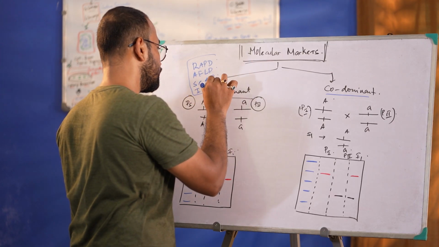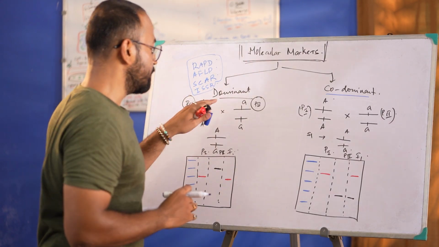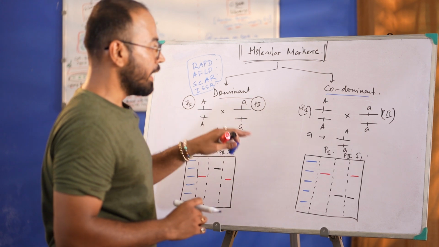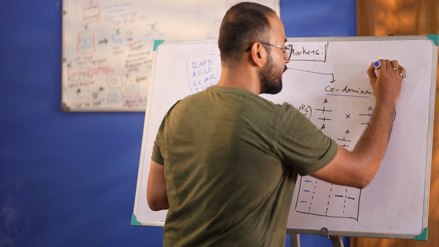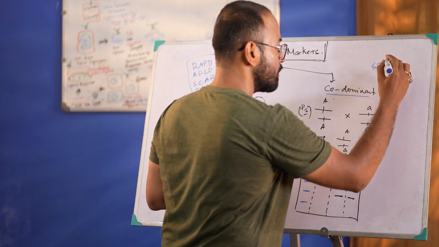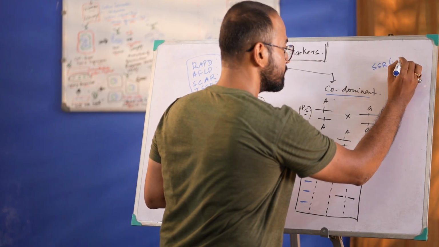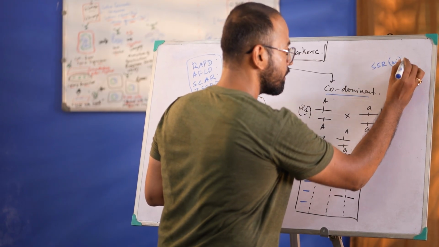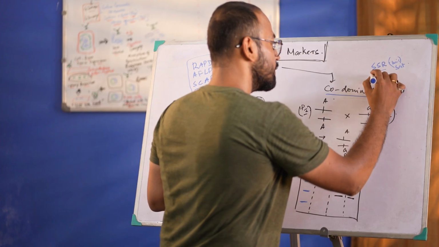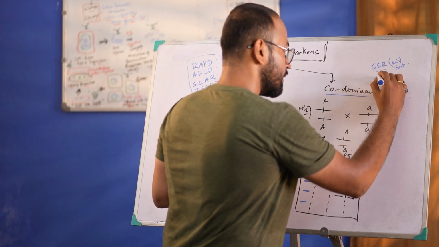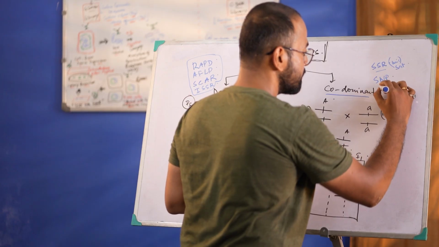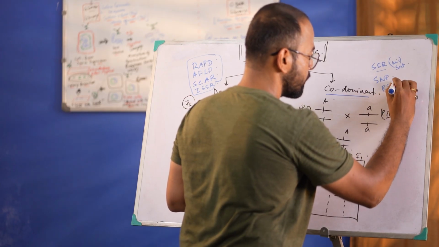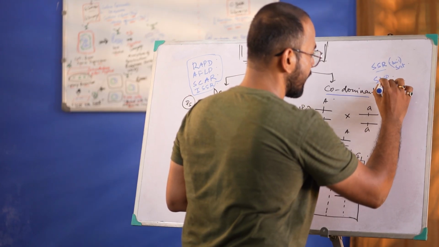These are the four molecular markers that belong to the dominant type. And when it comes to the codominant type, we are getting molecular markers like SSR, which is a kind of mini satellite, along with SNP, single nucleotide polymorphisms, as well as RFLP. So these are the classifications.